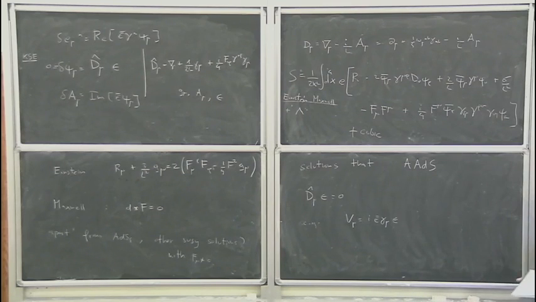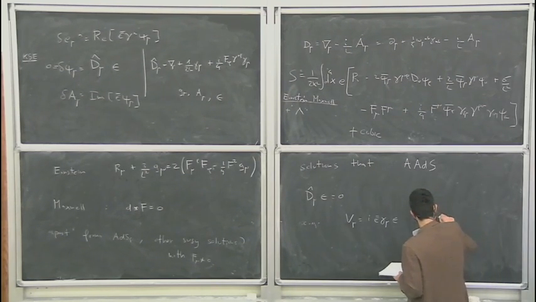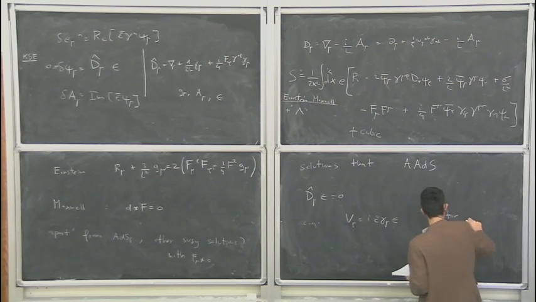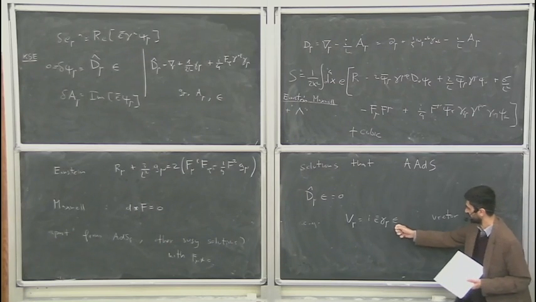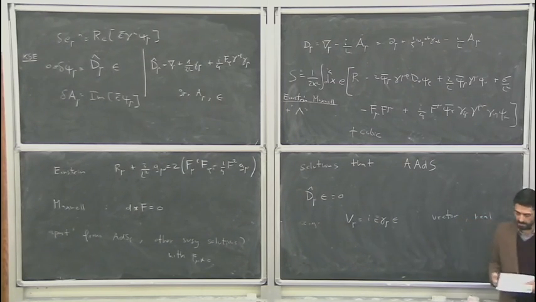So it transforms as a vector under Lorentz transformations. So this is a vector, and it is also real, although the objects here are all complex, in the end it's a real vector.